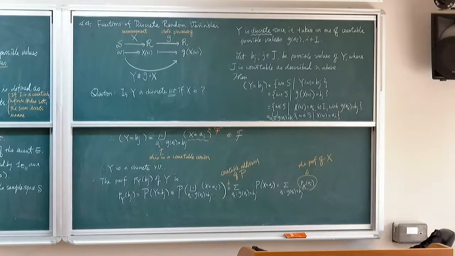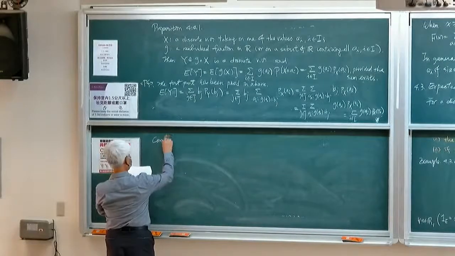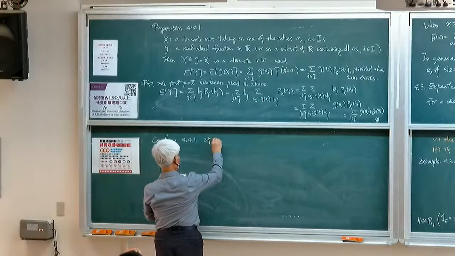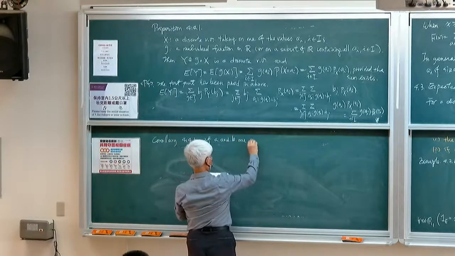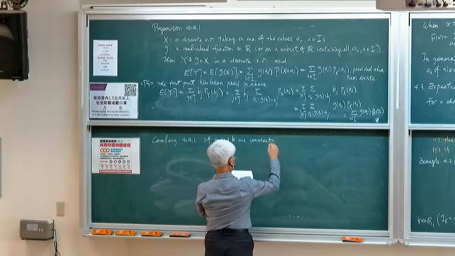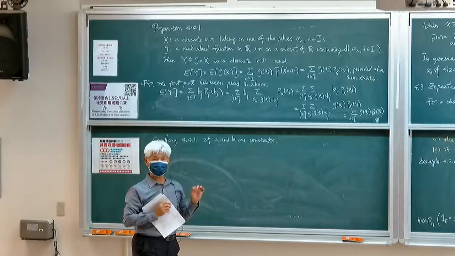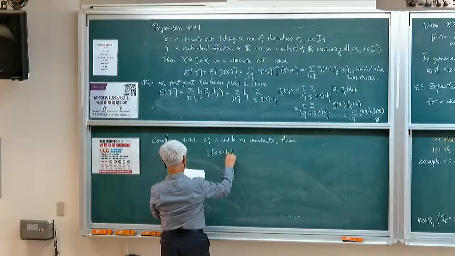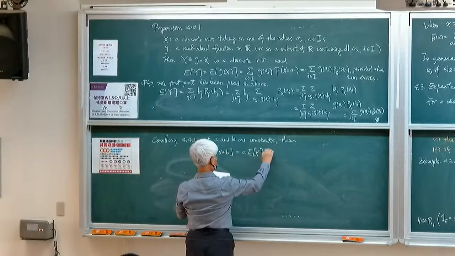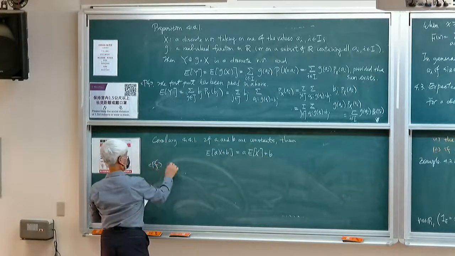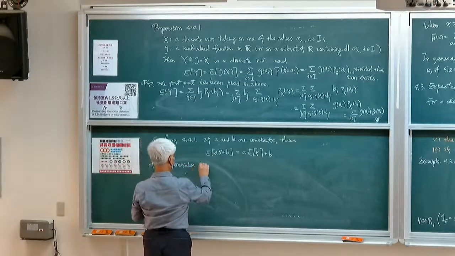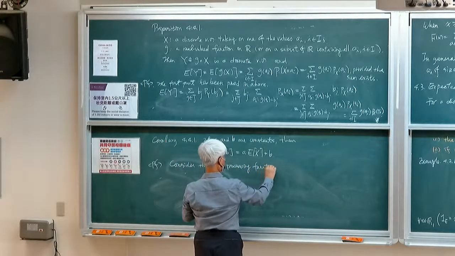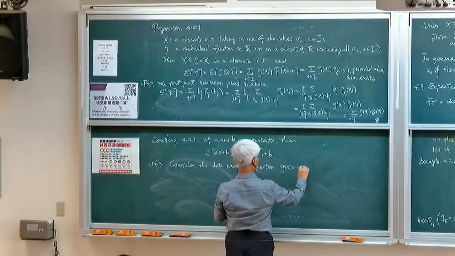Okay, so a corollary of the previous proposition: if the data processing function is a linear function, consider the data processing function g of x equal to ax plus b.